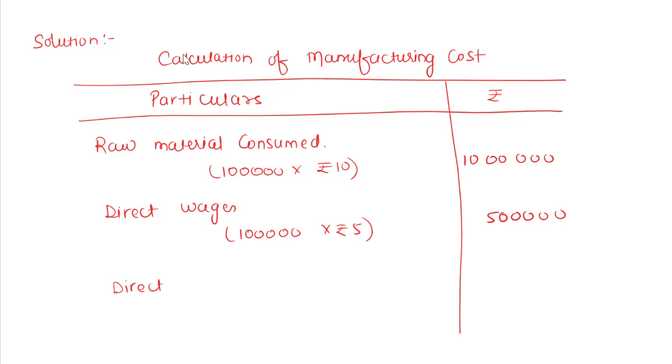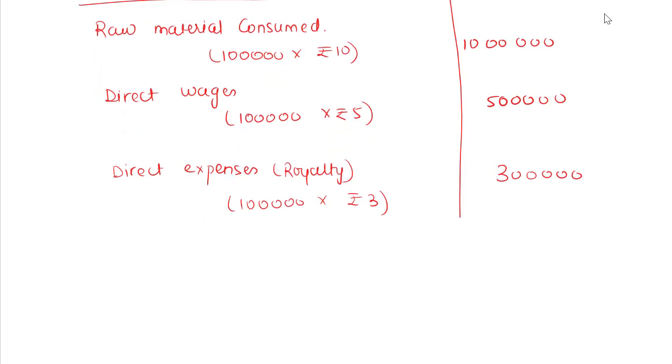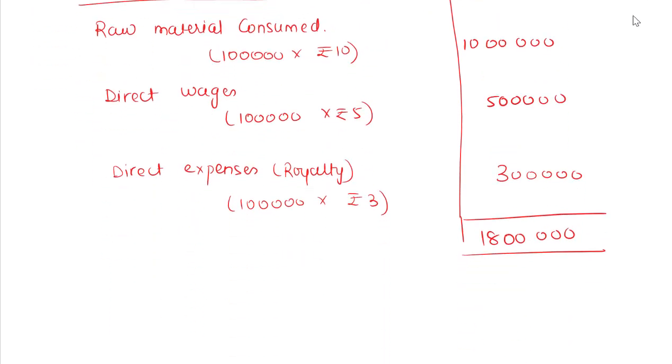Direct expenses, that is royalty: 1 lakh units multiplied by rupees 3, which is 3 lakhs. 10 plus 5 plus 3, total 18 lakhs. Manufacturing cost is 18 lakhs.